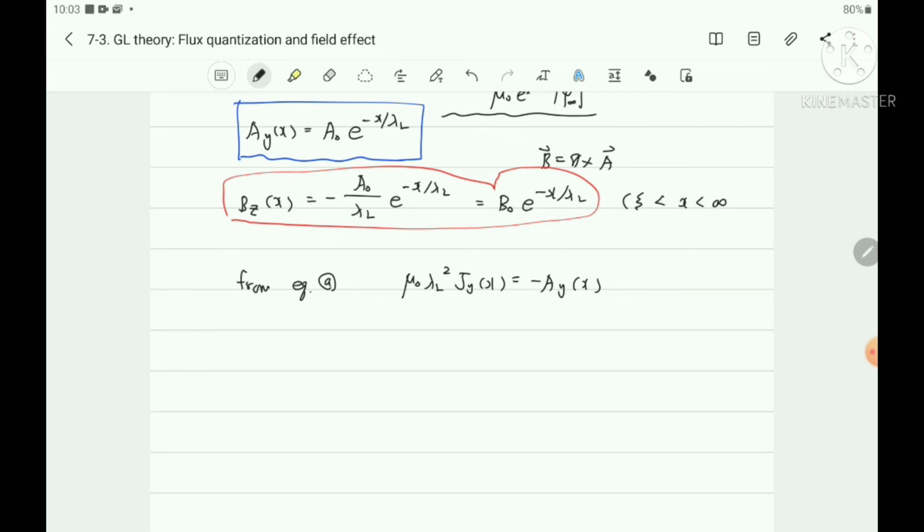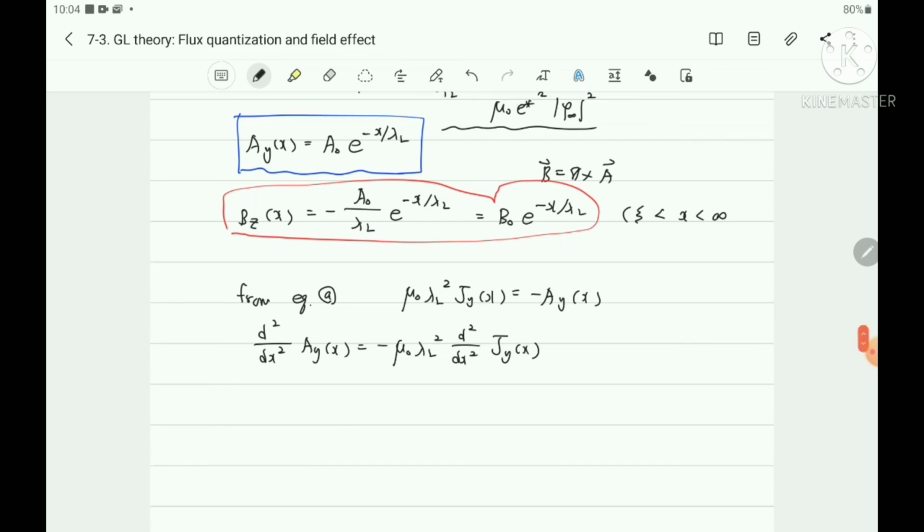Let's consider the second derivative with x, then AYX is minus mu zero lambda L square d square over dx square JYX.